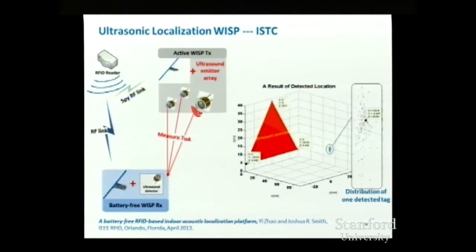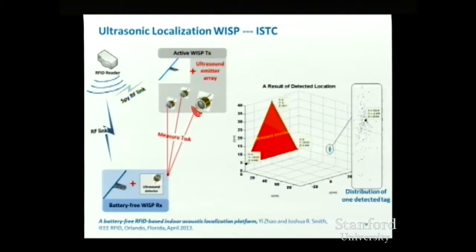So here the idea is to combine ultrasonic localization with RF. The RFID reader now will emit some ultrasound, and the tags have ultrasound detectors. The RF signal tells all the tags to start their timers, and the RF propagation is practically instantaneous.